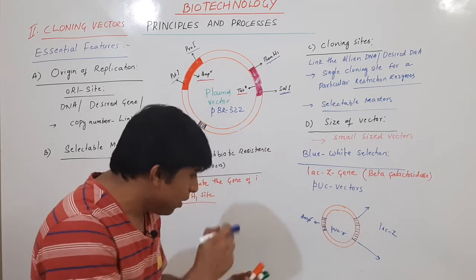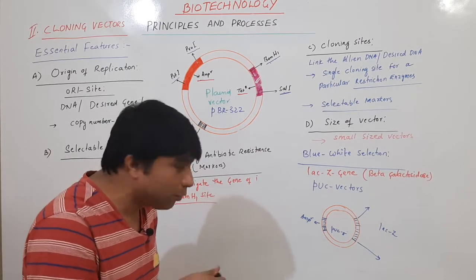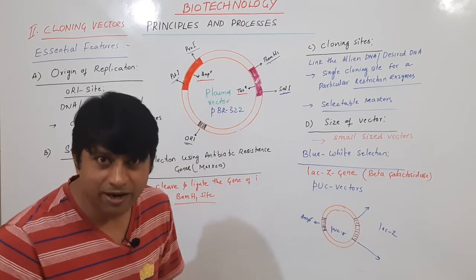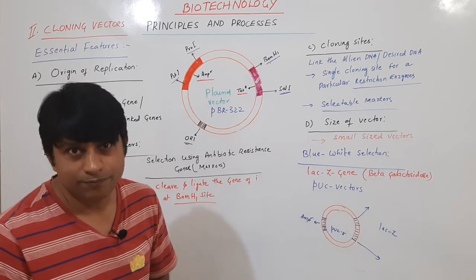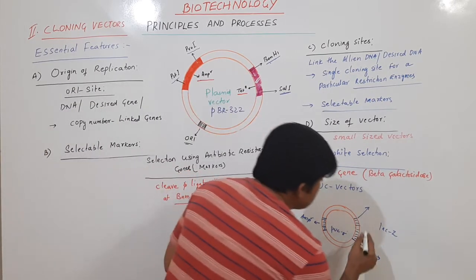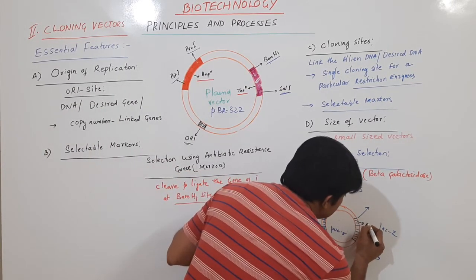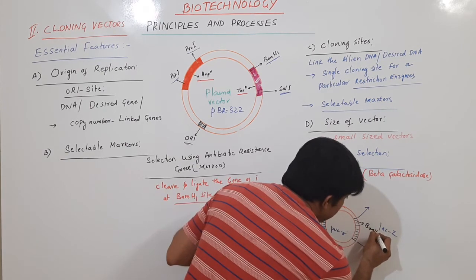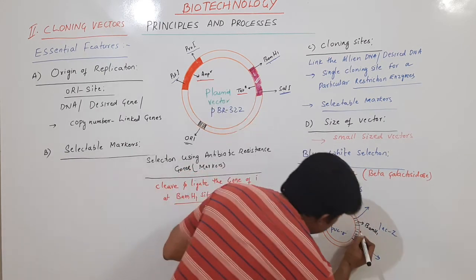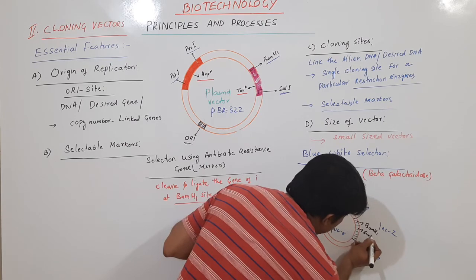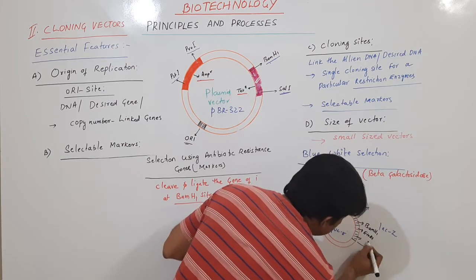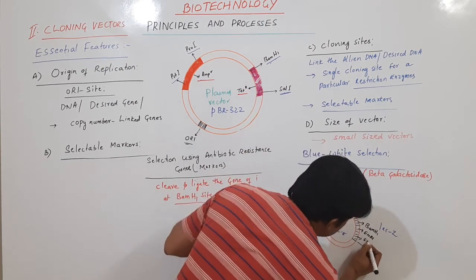On that lacZ sequence, we have several cloning sites. Means I can take it like BamHI is there here. Many are there, like EcoRI, okay, and SalI.